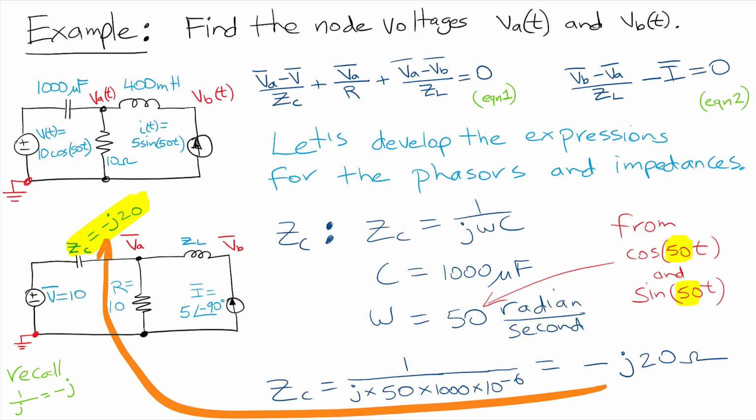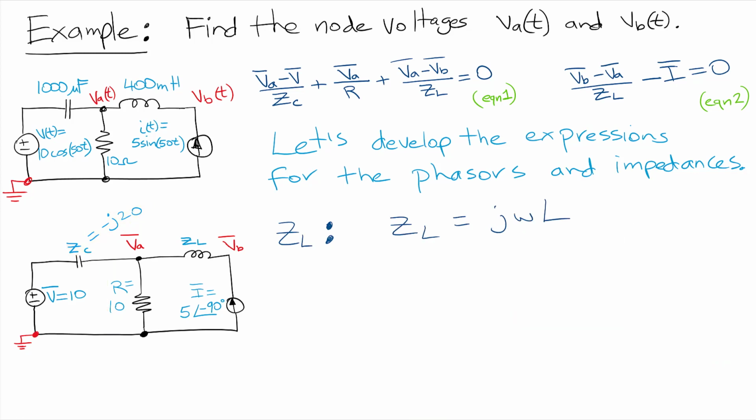Now let's do the impedance of the inductor. The inductor equation is ZL is equal to j omega L. We know that omega is 50 radians per second, which we found earlier, the 50 coming from the sources. And we know that L is 400 millihenries.